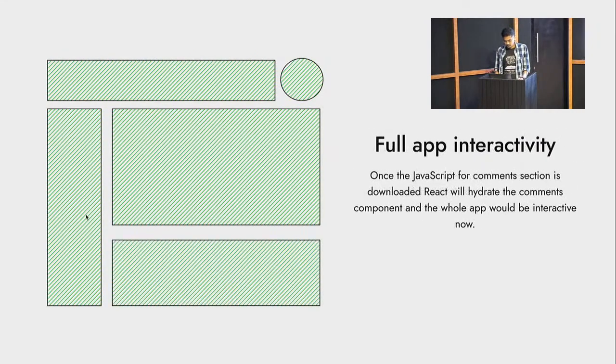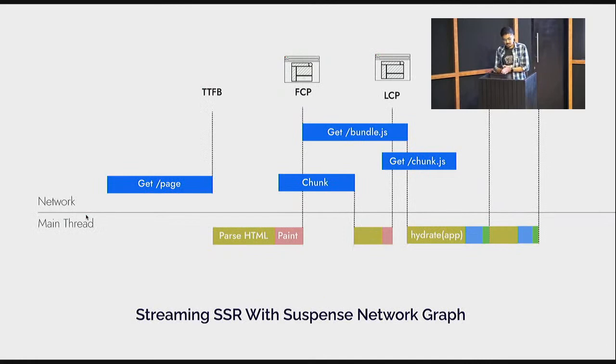So again, if we see the network graph, we again have a pretty fast time to first byte. We parse the HTML and then we paint, and then similar to what we saw, the browser can receive a chunk at any time, and then React will start hydrating it afterwards.